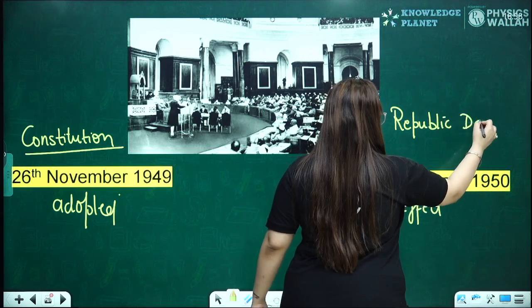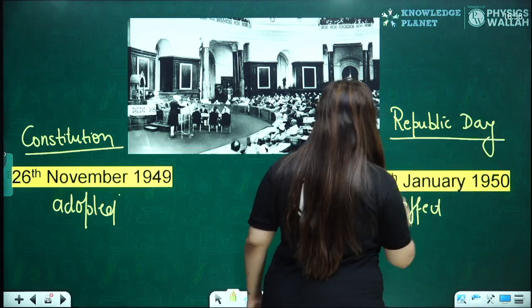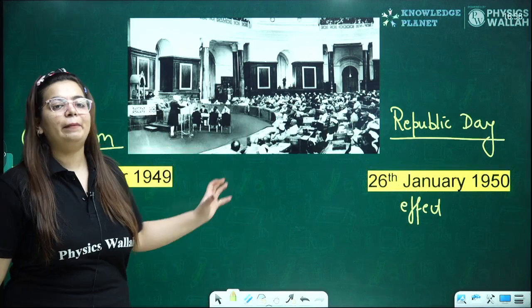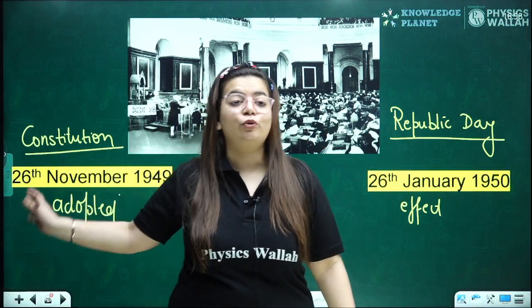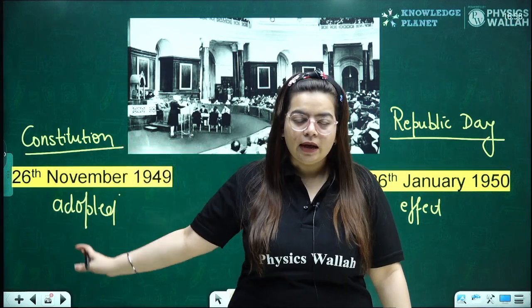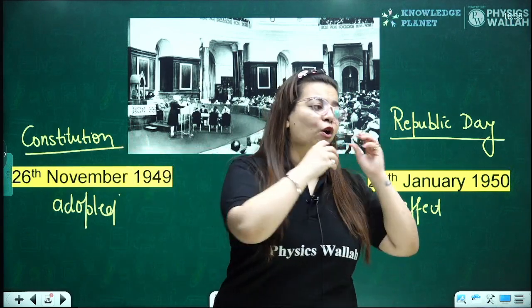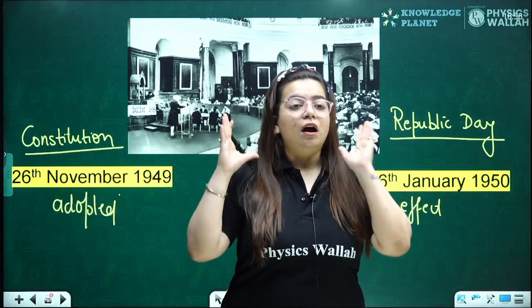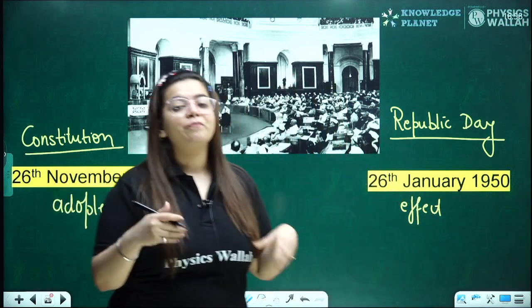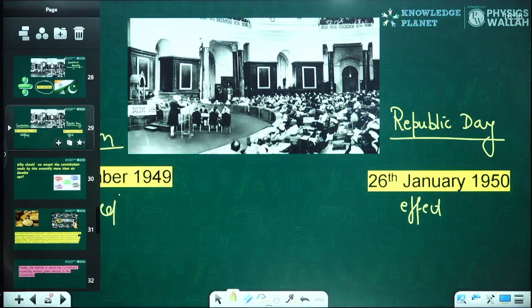Why? Because on 26 January 1950 the constitution came into effect, but it was adopted on 26 November 1949. So because of the various struggles, the Indian constitution was made. Yes, partition was a sad part, India and Pakistan.